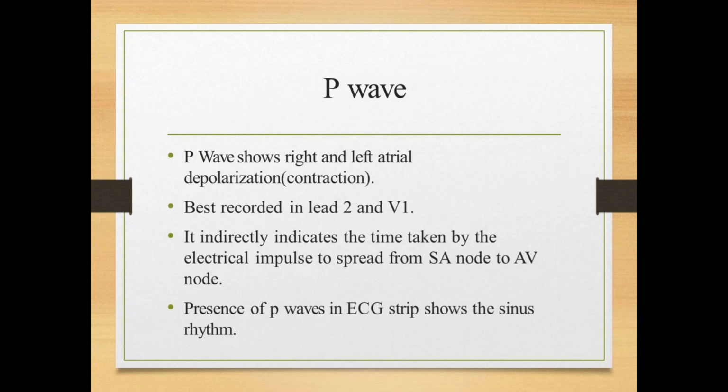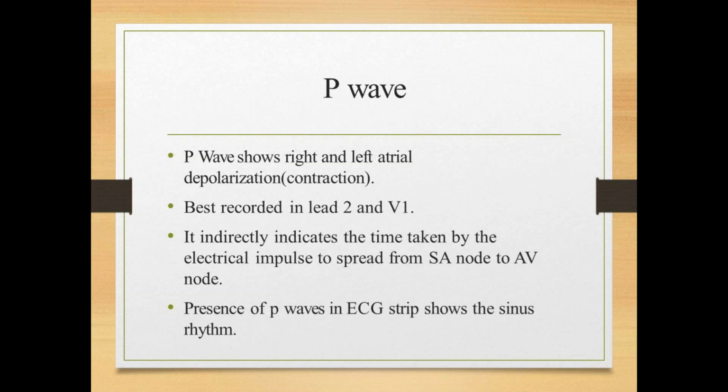To know that, the P wave in the ECG strip shows the sinus rhythm, when we say the impulse is originating from the SA node.